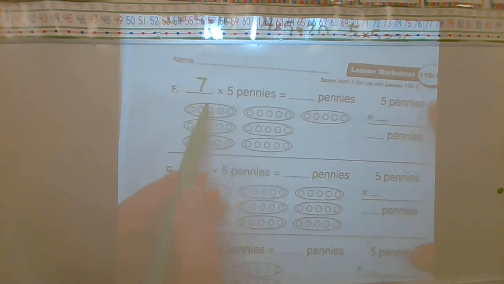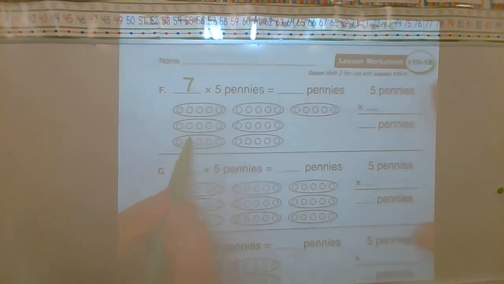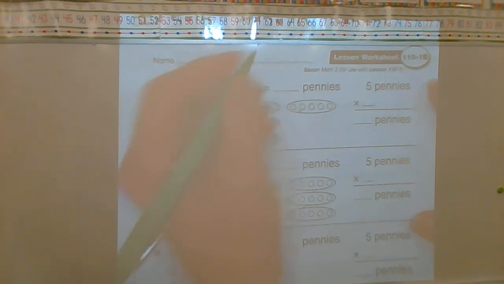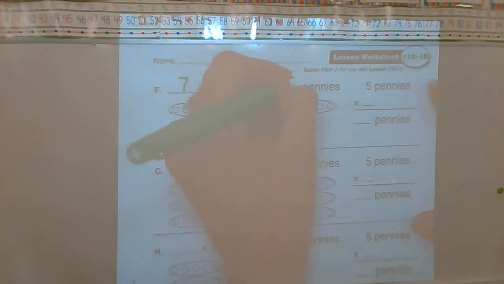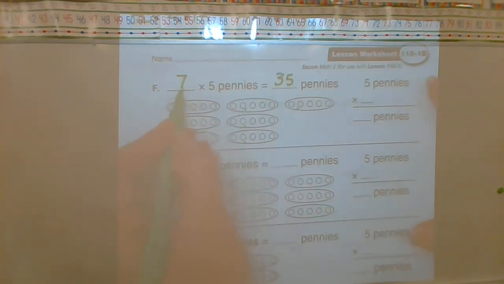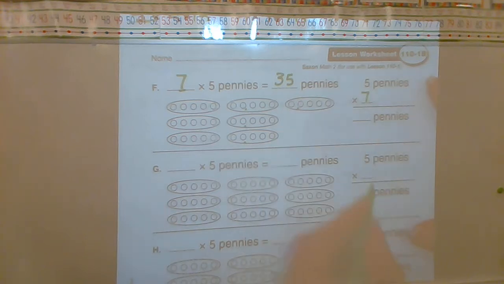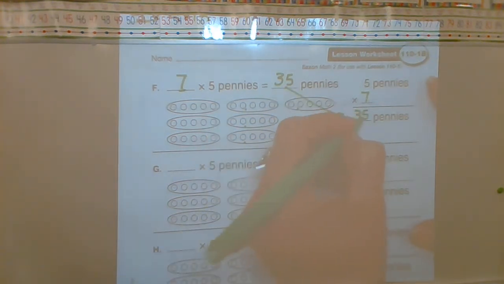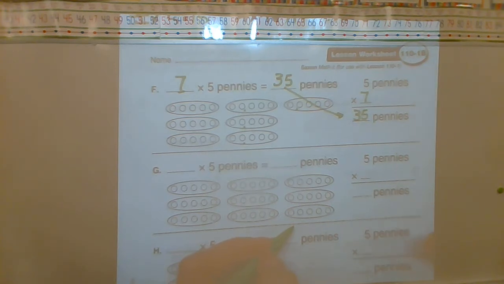Now let's count by fives. Ready? 5, 10, 15, 20, 25, 30, 35. So 7 groups of 5 pennies is 35 pennies. 5 pennies times, what did we fill in? 7 groups, and it stays the same. They can trade places, it stays the same.